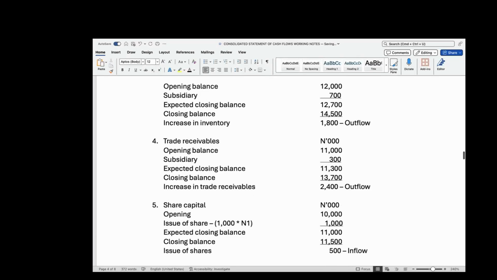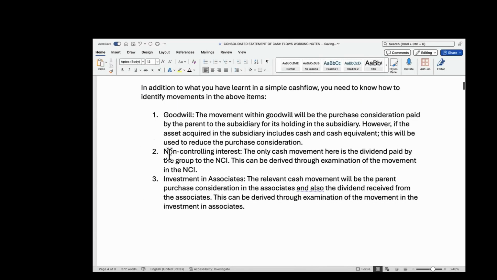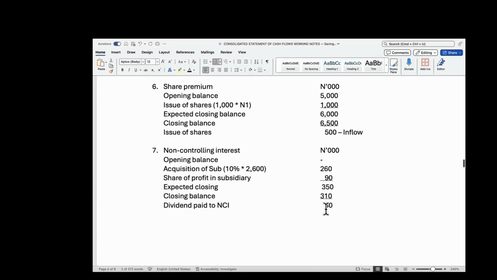That's dividend paid to NCI. I mentioned it before I started today. The movement is always dividend paid. So this would be an outflow.